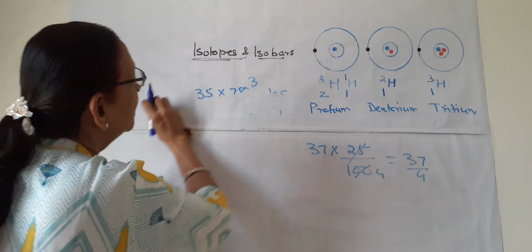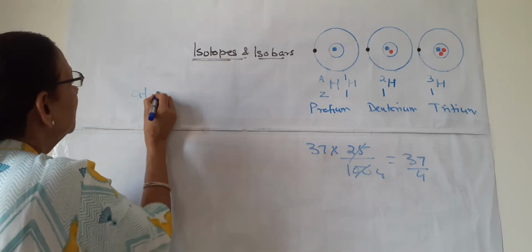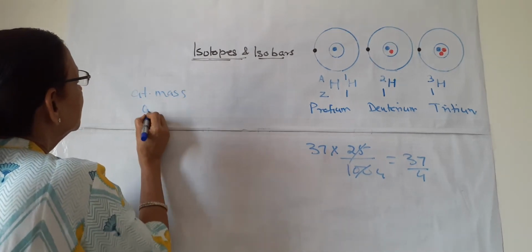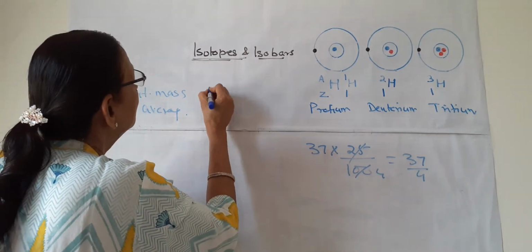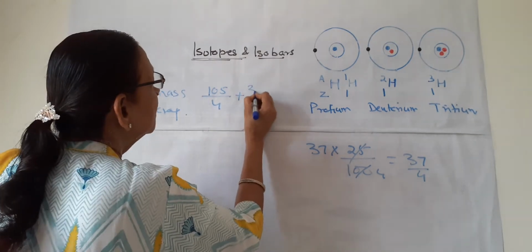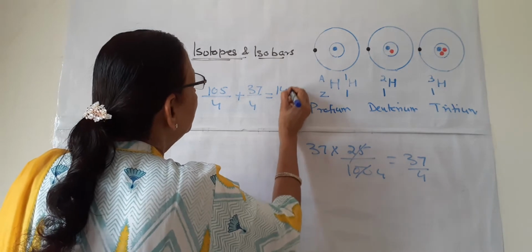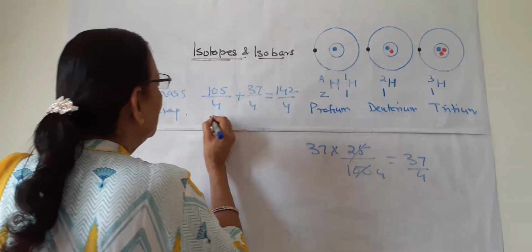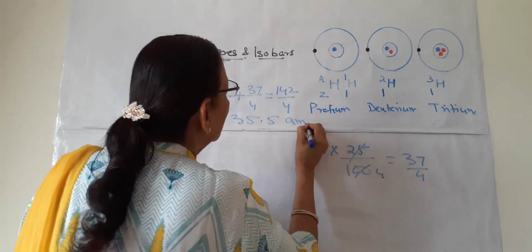So if we take an average of these two, the average of atomic masses in nature, what was it? 105 upon 4 plus 37 upon 4 is equal to 142 upon 4, which is equal to 35.5 AMU.